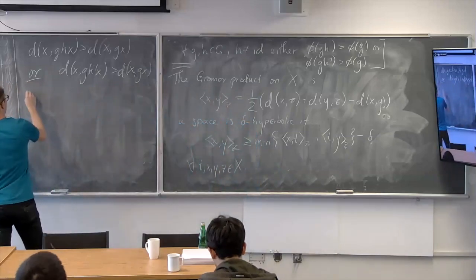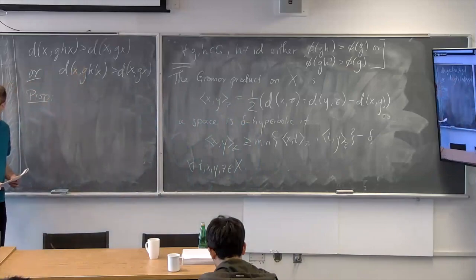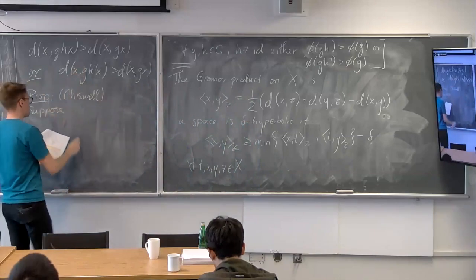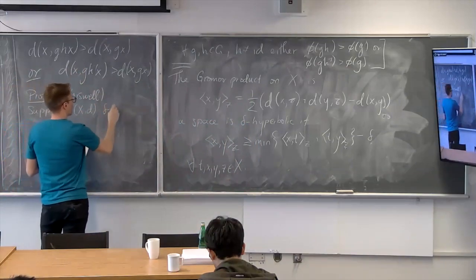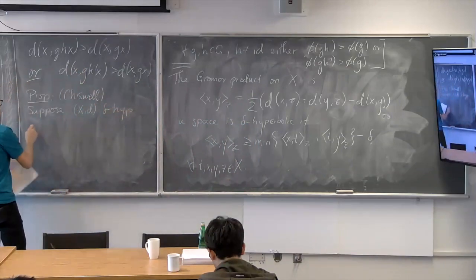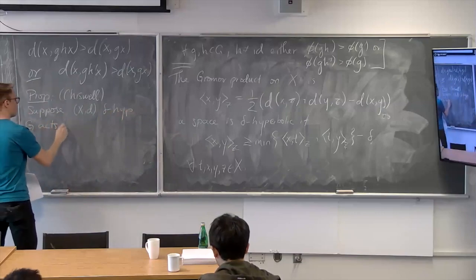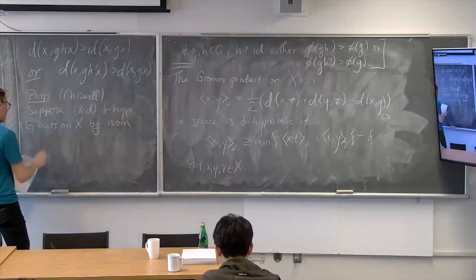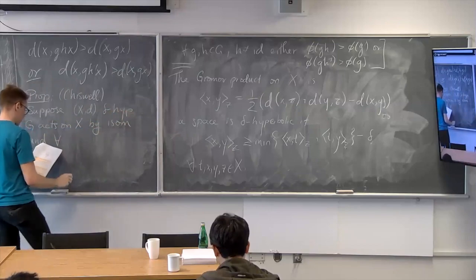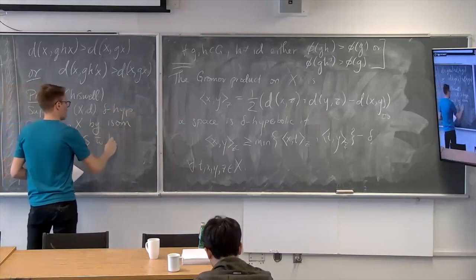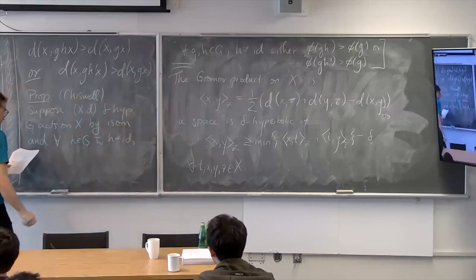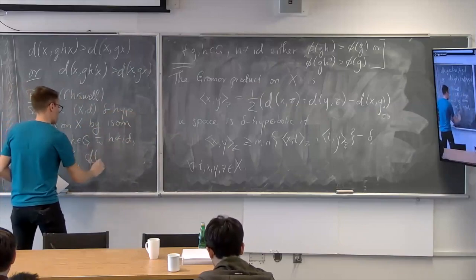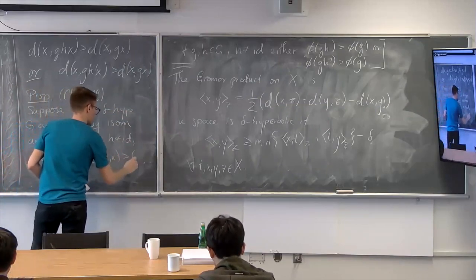So hopefully from this you can see exactly what I'm going to do, but I'll spell it out. This is due to Chiswell. Suppose X, d is delta hyperbolic, G acts on X by isometries, and for all h in G, with h not the identity, and for all x in X, the distance from hx to x is bigger than 6 delta.